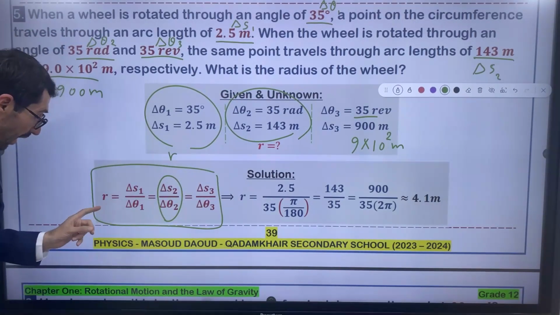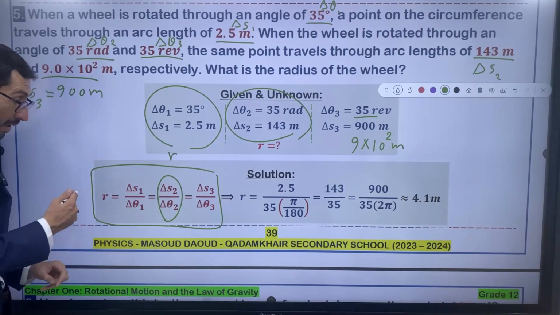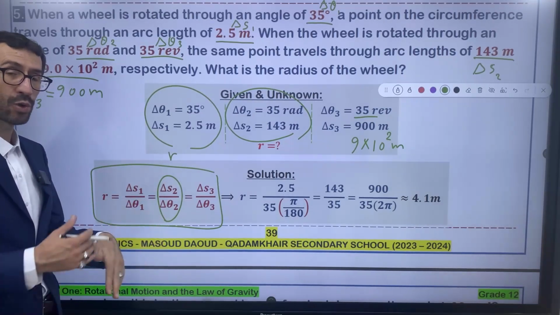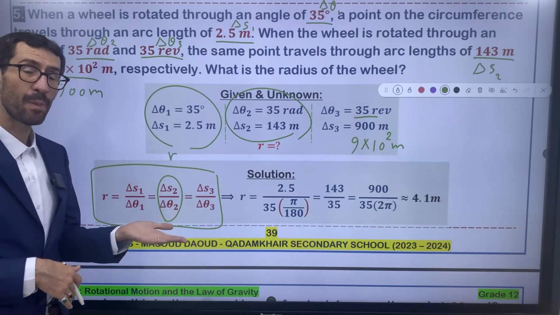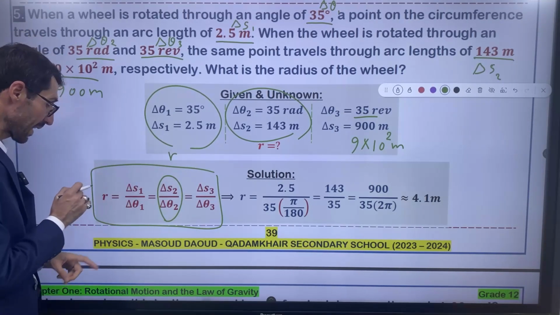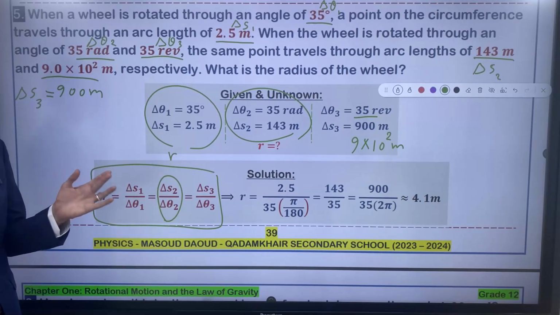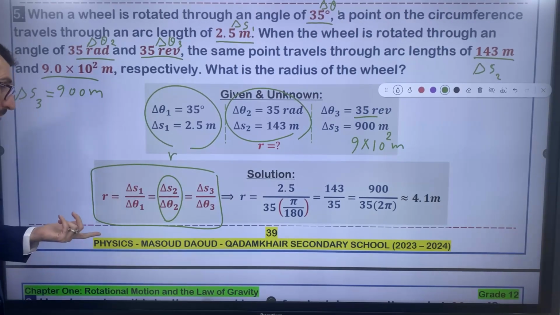I didn't put any subscript for R because R remains unchanged for each case. Whether the wheel speeds up or slows down, it doesn't matter. R remains constant. That's why we cannot number it as R1, R2, R3. We have only one R.